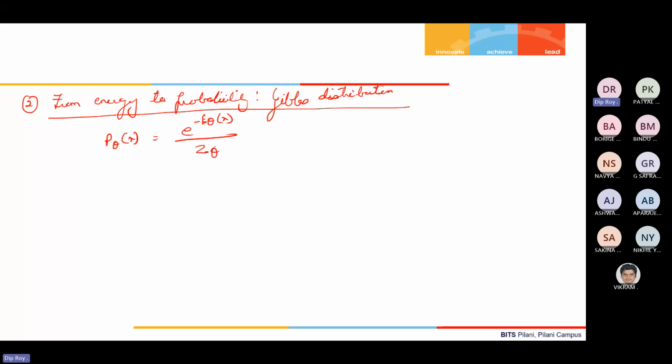This is the form of the Boltzmann distribution, and Z theta is nothing but the partition function. You can write the partition function like this.